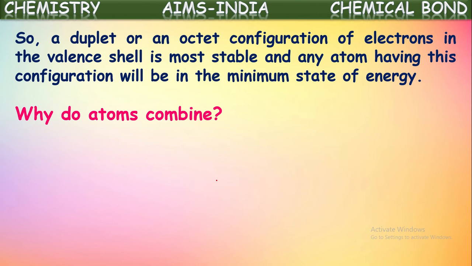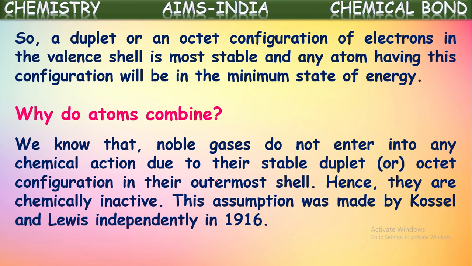So why do atoms combine? We know that noble gases do not enter into any chemical reaction due to their stable duplet or octet configuration in their outermost shells. Hence they are chemically inactive. This assumption was made by Kossel and Lewis independently in 1916. Just now we have seen about these two scientists. Kossel proposed that elements combine together by transferring electrons.